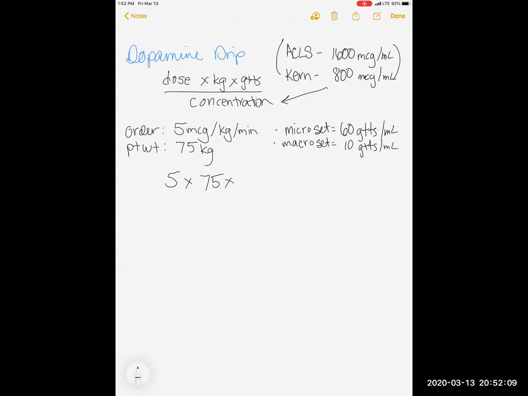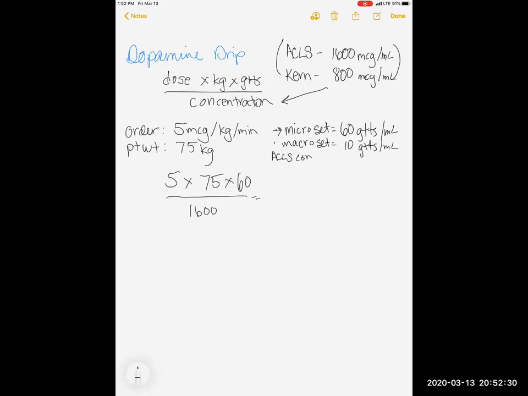It doesn't matter what set you use, as long as you put the right number into the formula. We like microsets for drip rates, and our doctor ordered ACLS concentration, so we do this over the 1600.